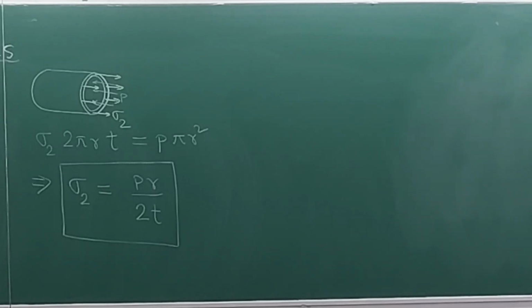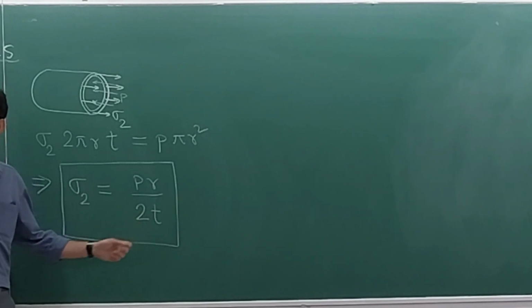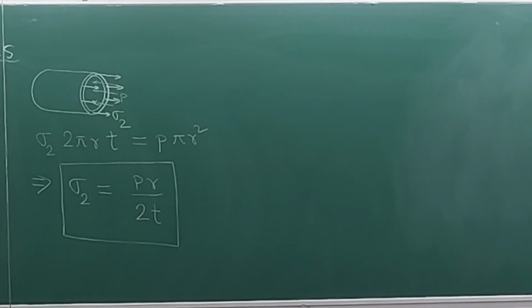So sigma 1 is equal to PR by T and sigma 2 is equal to PR by twice T. Which one is what? You may think, easy solution: where there is 2, there is 2. But suppose you mistake which one was sigma 1 and which one was sigma 2. These things happen when you start studying like 36 hours before the examination.